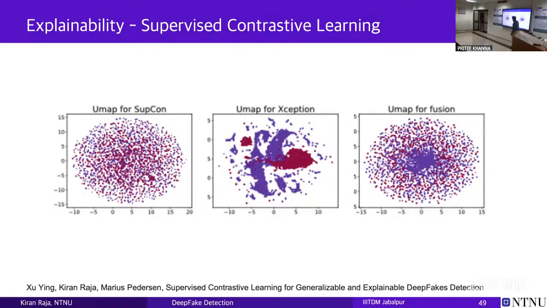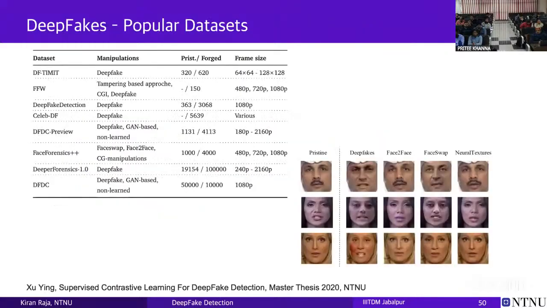And now these images are also spread somewhere here, right? So that means you have a mix up of both kinds of features. And by getting to the fusion, you at least improve this mix up here. So now here you see that the blue ones are clustering closer and the red ones are clustering a bit farther away. Okay, so this is one way of looking at the feature space.